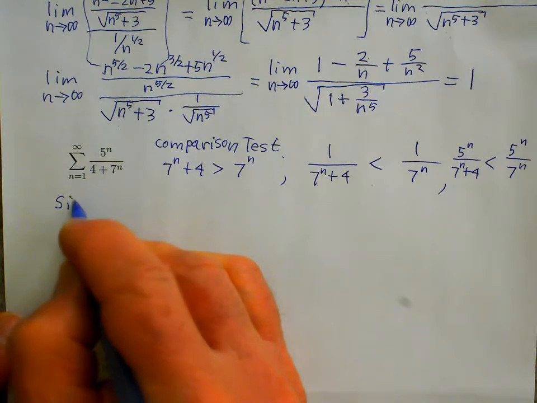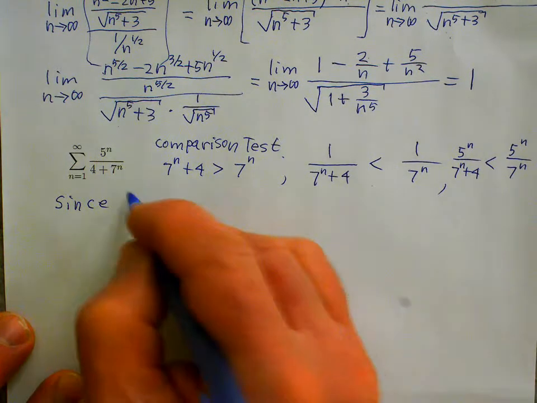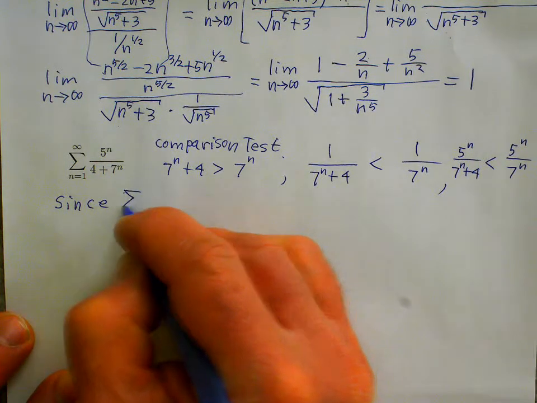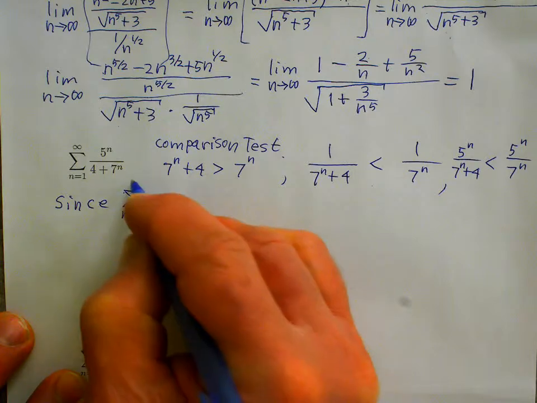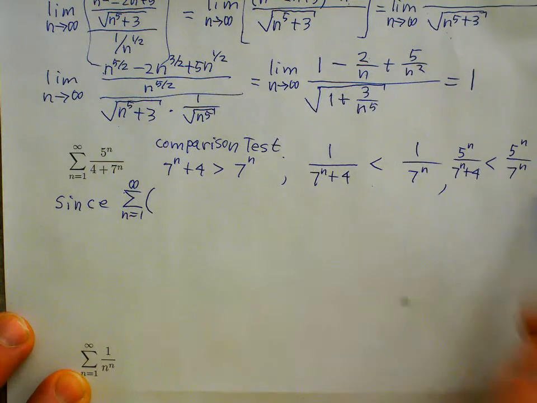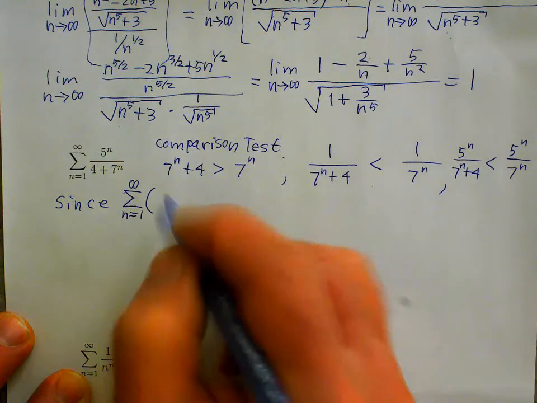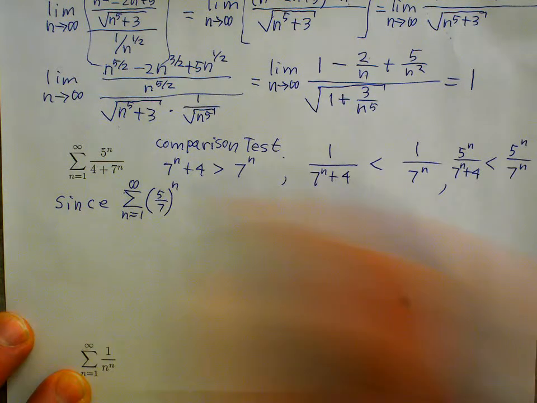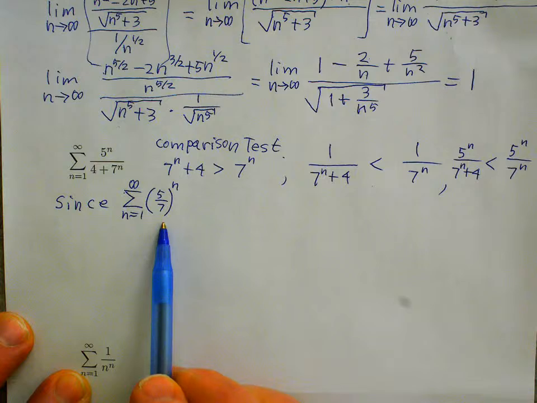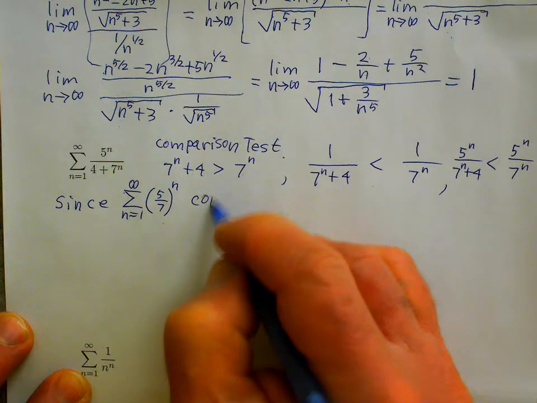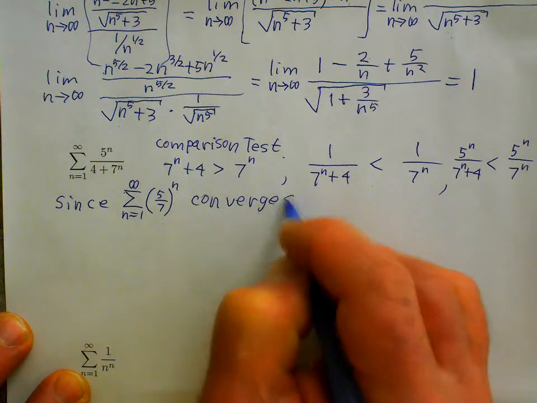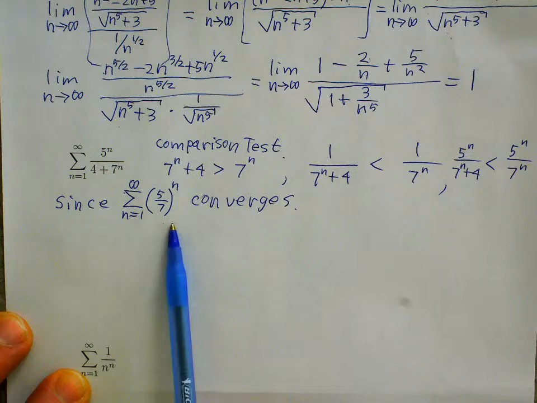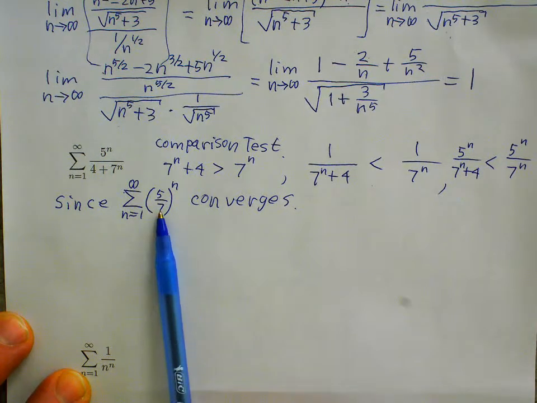Okay, so we know that the infinite series, 5 to the nth over 7 to the nth, can be written as the fraction 5/7 to the nth. We know that this converges. It's a geometric series, and the common ratio is between -1 and 1, so it converges.